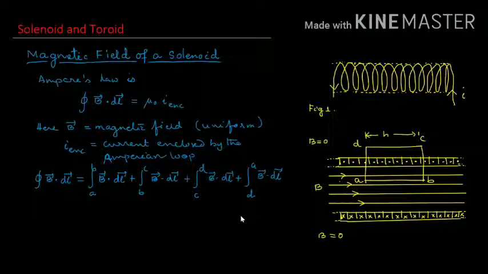The magnitude of the magnetic field inside the solenoid is constant. Let h be the length from C to D or A to B.